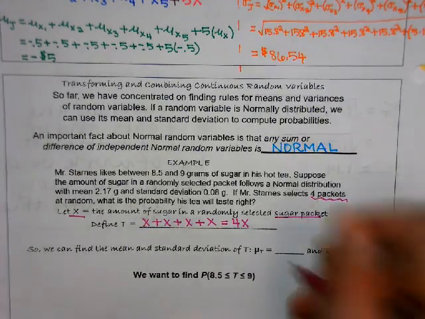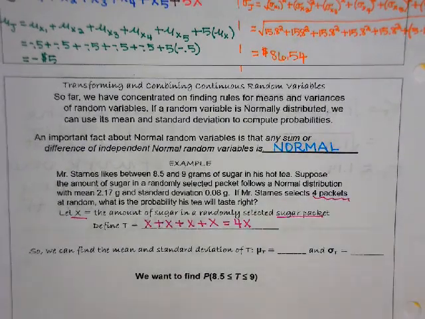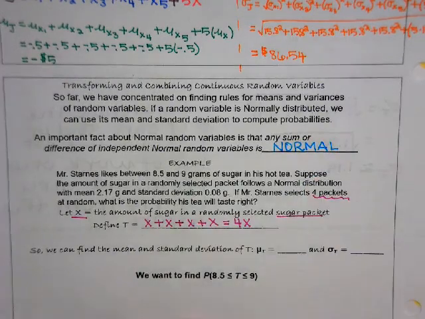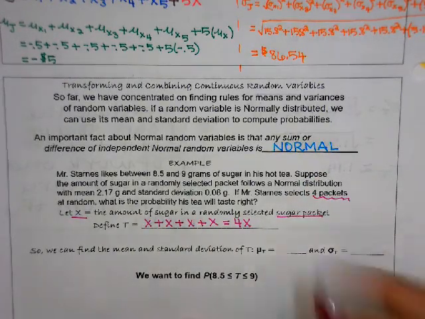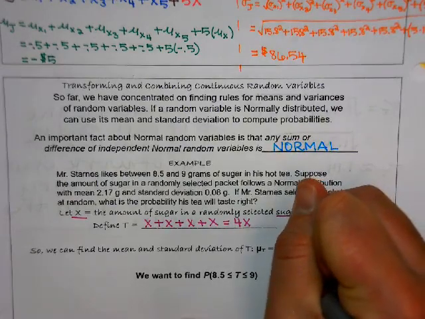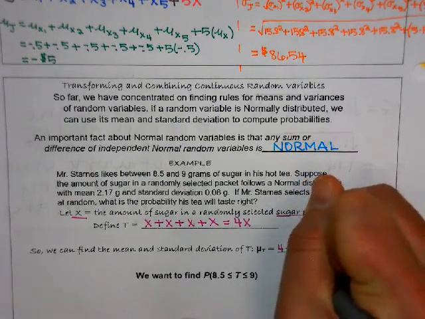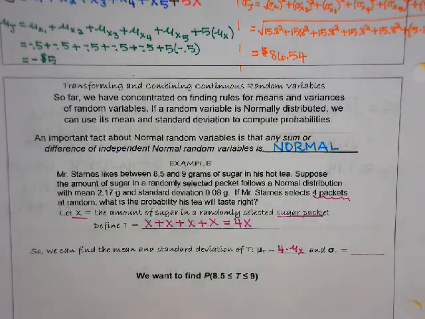So we're going to find the mean of t by doing 4 times the mean of x. How would we find the standard deviation of t?